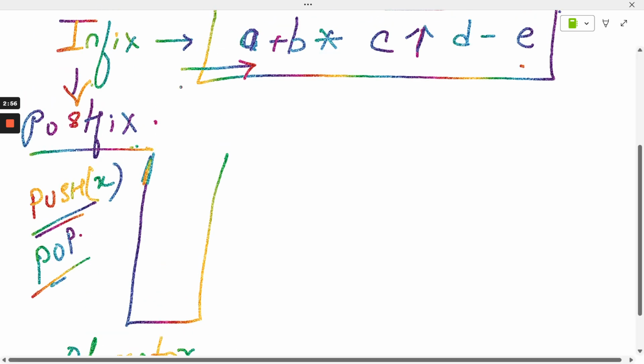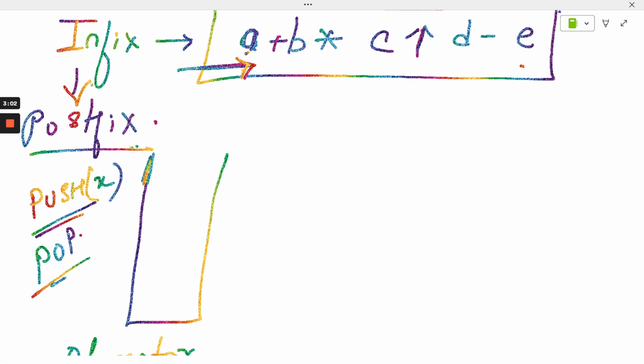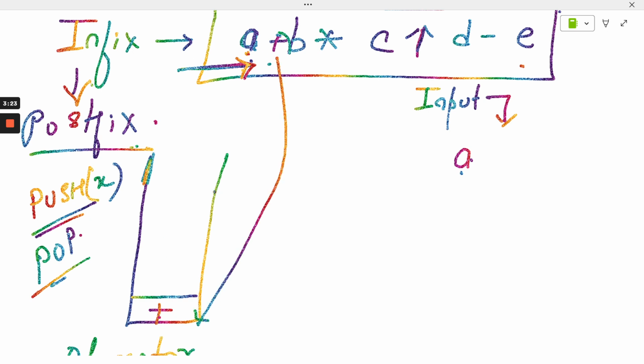First we will start scanning, and whenever we discover an operand, we will just write it down in the output string, so this will be a. Then when we encounter any operator, we will push that operator into the stack, so this plus gets pushed into the stack.